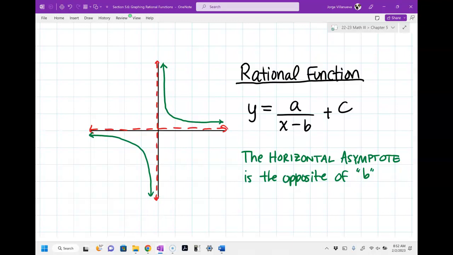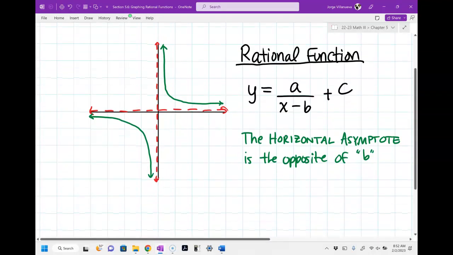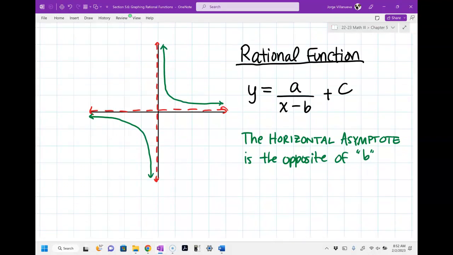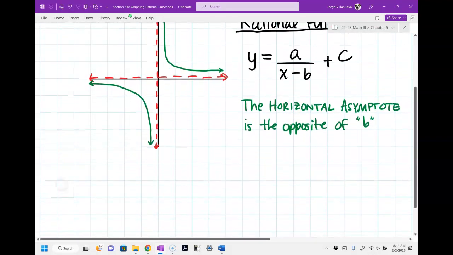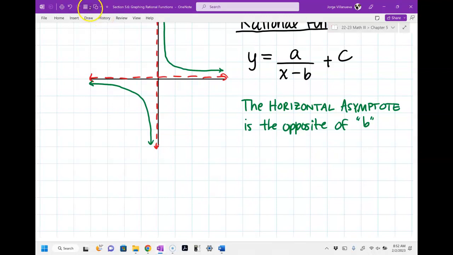If on the bottom it said x plus 8, then your horizontal asymptote would be minus 8. So whatever the B value looks like, take the opposite of it. That's going to be your horizontal asymptote. You're going to draw a dashed horizontal line across that value on your y-axis. So you're going to graph y equal to B in a dashed line.